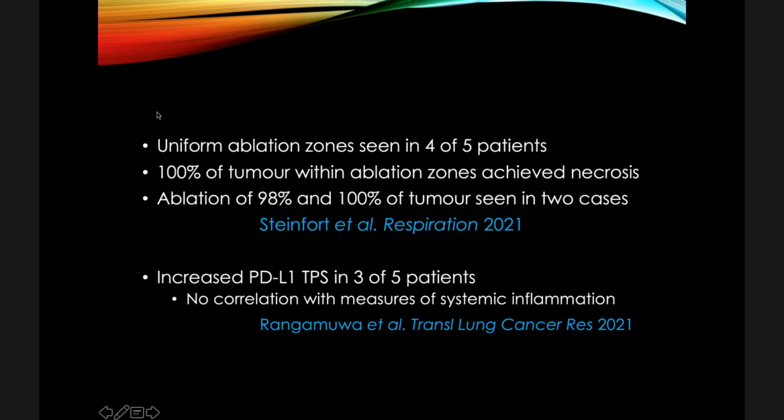For tumours positioned within the target ablation zone, there was 100% necrosis achieved. And so the key for this appears to be adequate targeting of the ablation zones to the tumour. We achieved 98 and 100% ablation of tumour in 2 cases. The remaining patients had some small varying from 10 to 30% viable tumour.